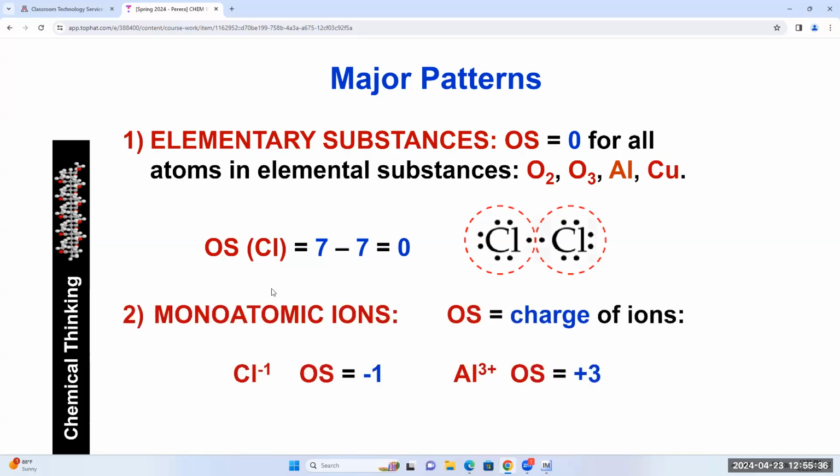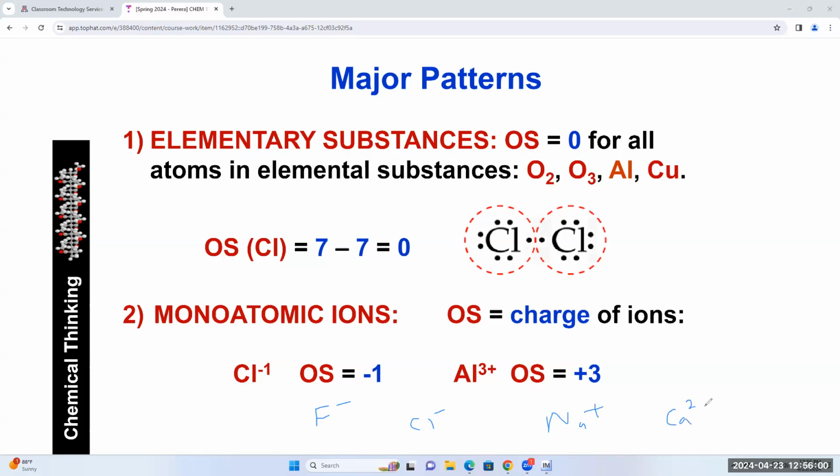And also, if you take monoatomic ions like oxide or chloride or fluoride, let me write some of these as well. Like fluoride, chloride, or Na+, or you can think of calcium 2+.